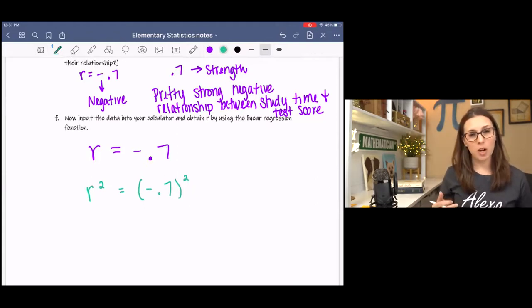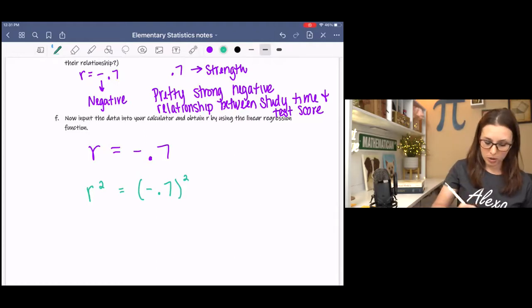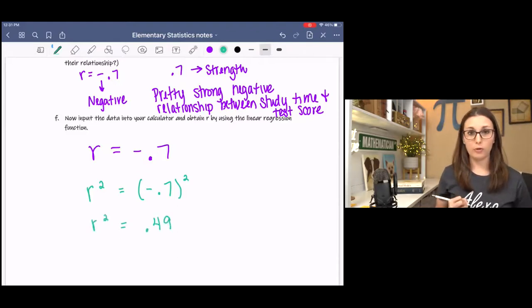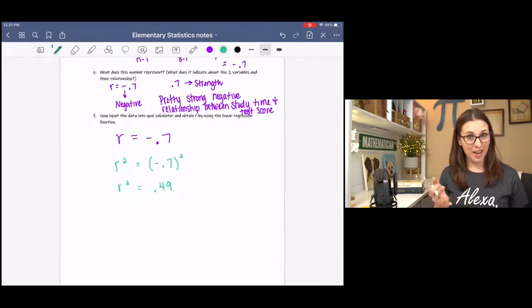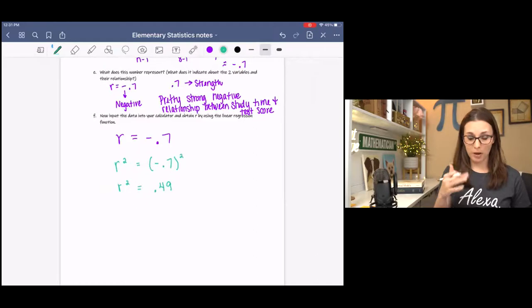That's the reason why I'm not going to step you through the process, because we've already done it and it does take a little while. So when you square this value, you should get 0.49 for your coefficient of determination. So that's how you can do it by hand. If you need to do it by hand, you might go back and watch that video.